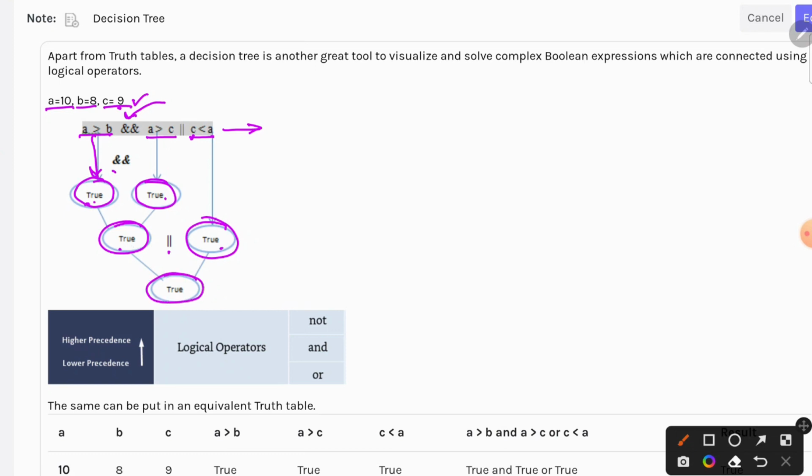Now one question you may want to ask, why did we evaluate the AND first here and then we evaluated OR? The answer lies in the order of precedence. AND is always evaluated first, and that's why I started with these two circles here and then got the answer.